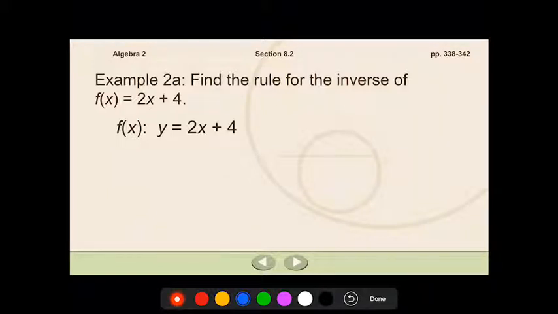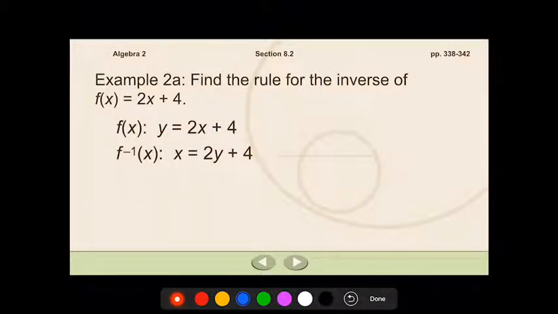Step number 1, make sure you get it down. Again, substitute y in for f of x. Get rid of the f of x. The next thing that you do to find f to the negative first, or the inverse of your f of x function, is to switch the x and y. You literally replace y with x and x with y.